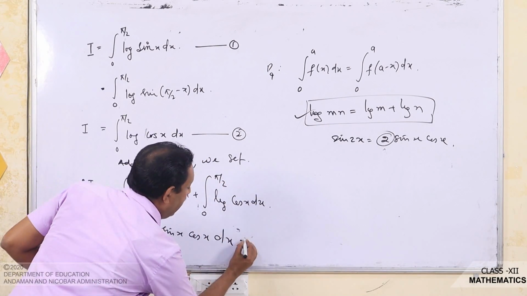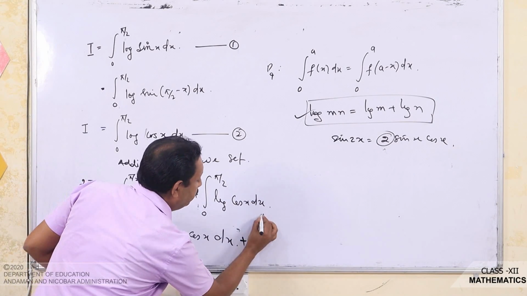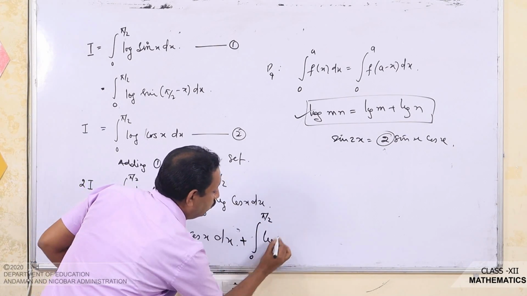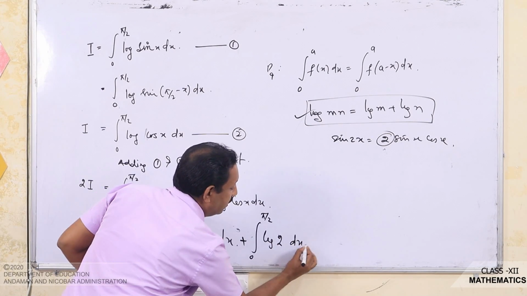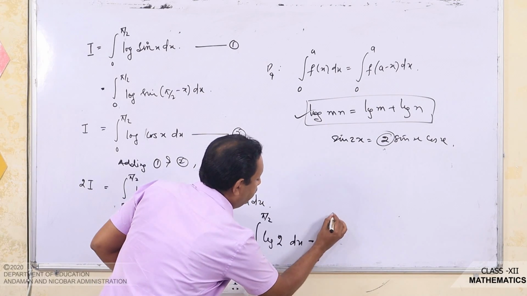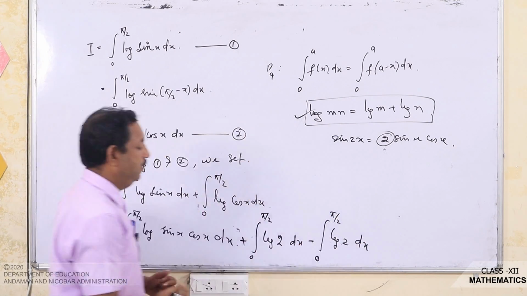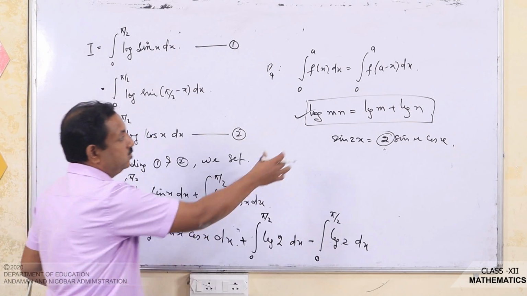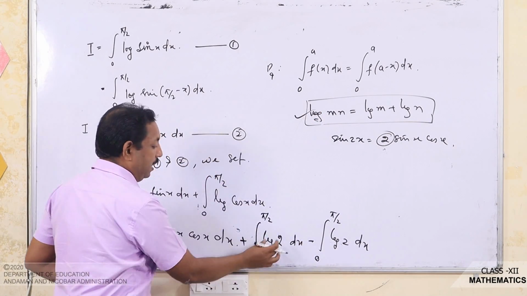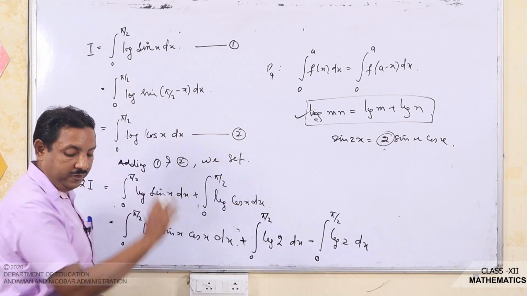I simply add over this integration 0 to pi by 2 of log of 2 dx and subtract the same thing, 0 to pi by 2 of log of 2 dx. Now again by using our log property, I can bring this 2 with the product of this one.